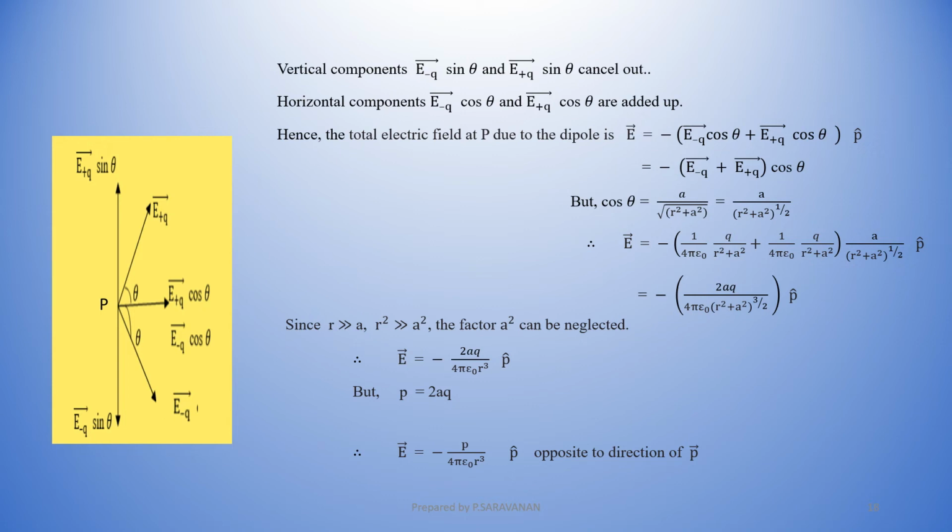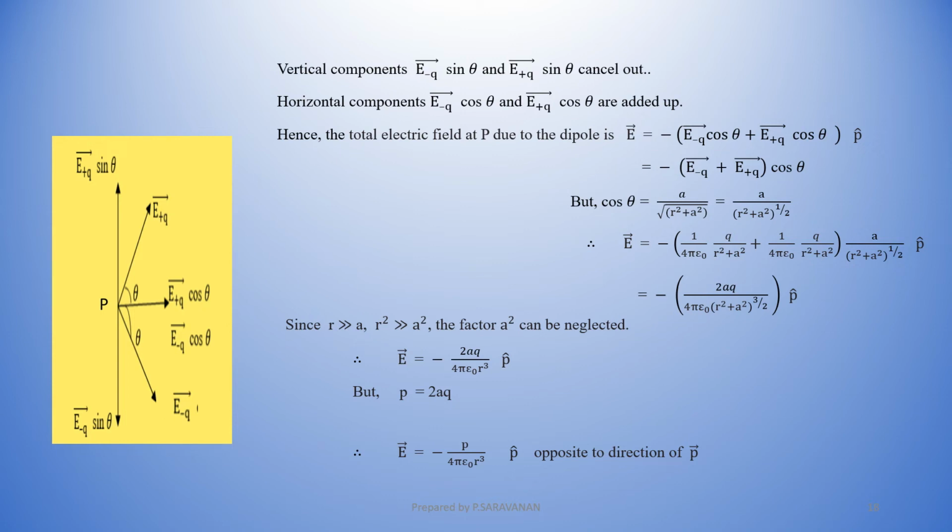The vertical component of E_+q is E_+q sin theta, and the vertical component of E_-q is E_-q sin theta. The horizontal component of E_+q is E_+q cos theta, and the horizontal component of E_-q is E_-q cos theta.